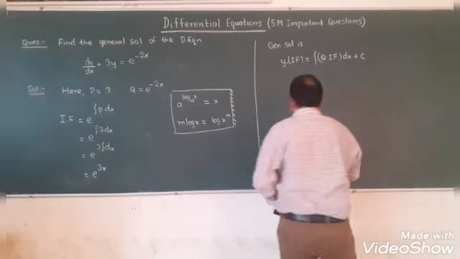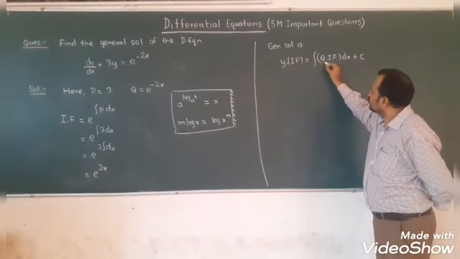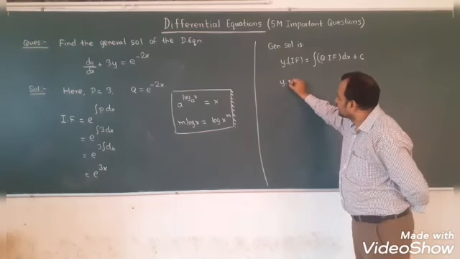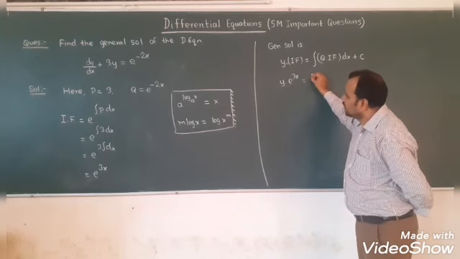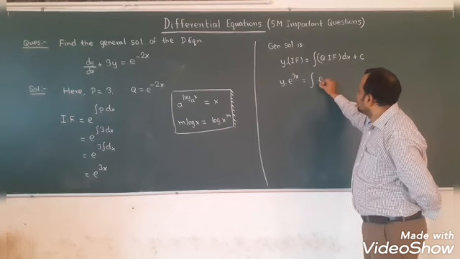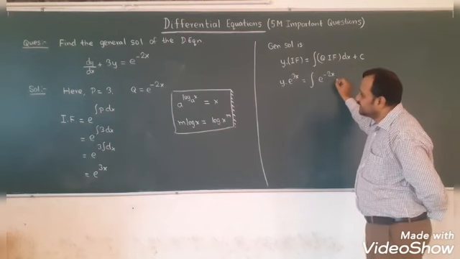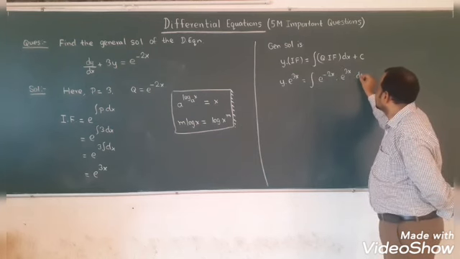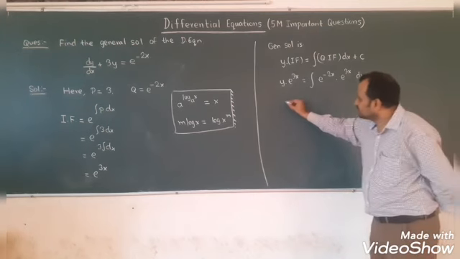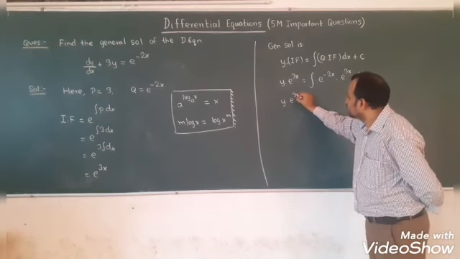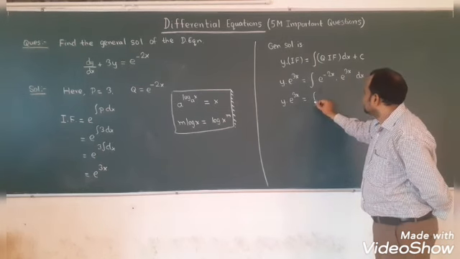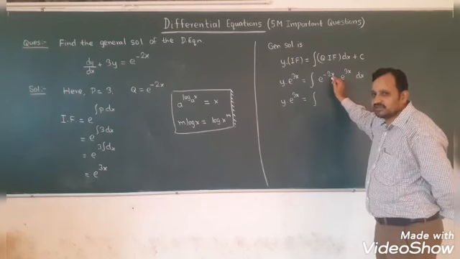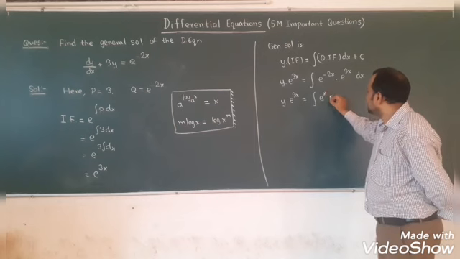Now the general solution: y into integrating factor is equal to integral of q into integrating factor dx plus c. So y into e power 3x is equal to integral of q, which is e power minus 2x, into integrating factor e power 3x, dx. Now this is very simple. By theory of indices, base is same, powers will get added, 3x minus 2x, so you will get e power x dx.